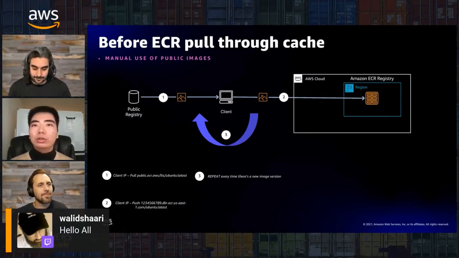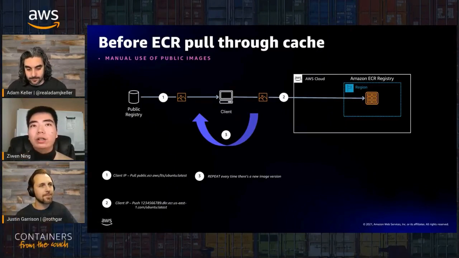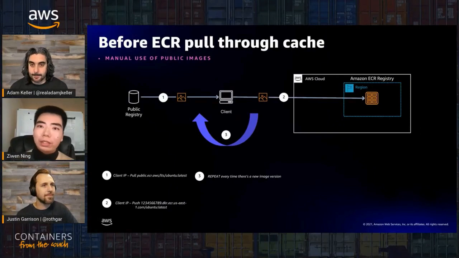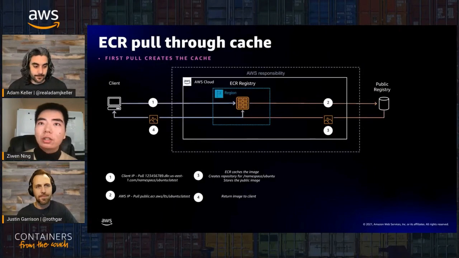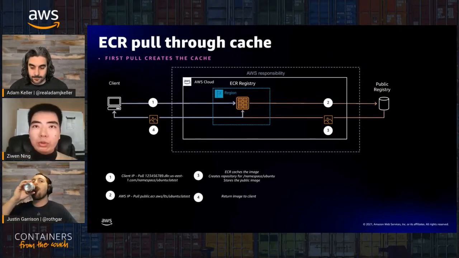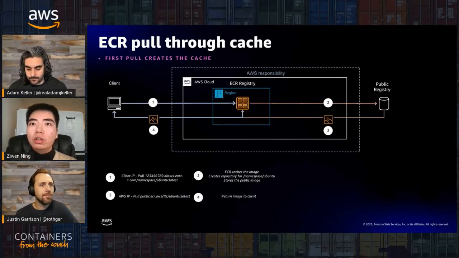But the logic is hard to maintain. With push-through cache, customers only need a one-time pre-config of the push-through cache rule for one upstream registry, and then they can just use the normal Docker pull to pull the images on demand from this upstream registry.